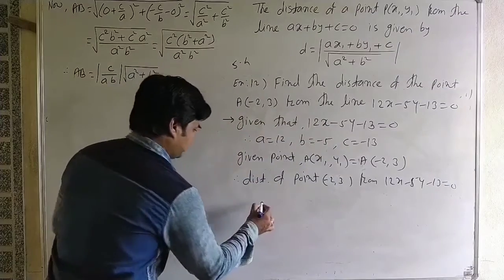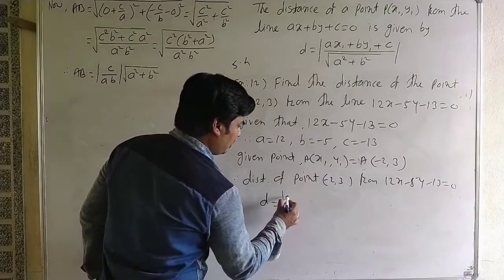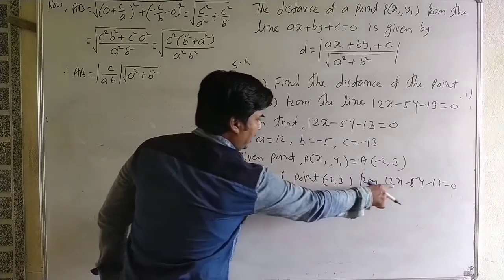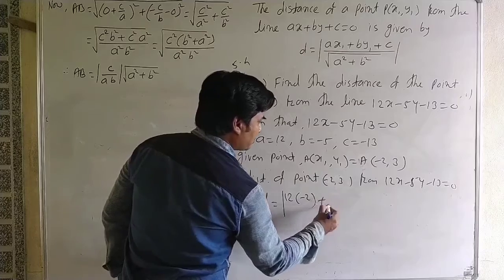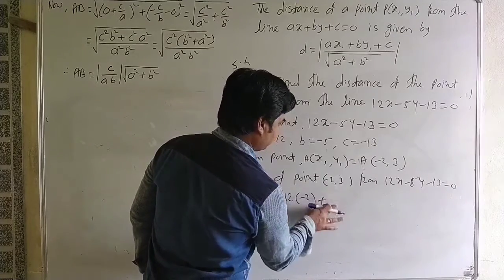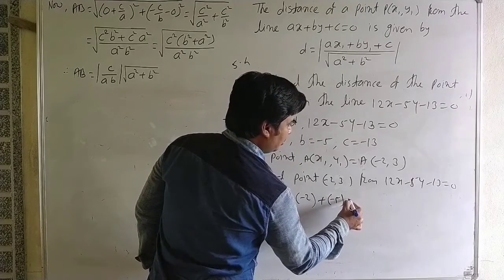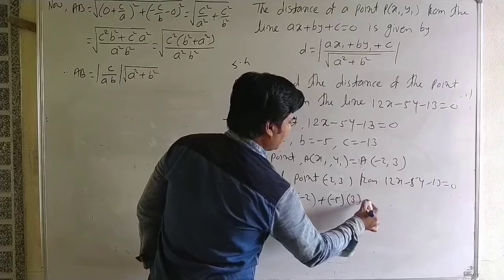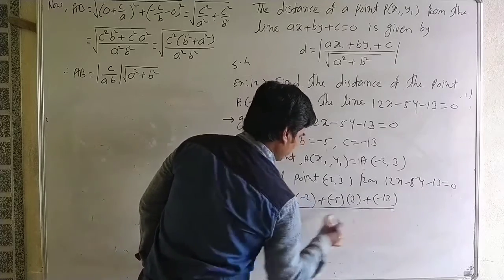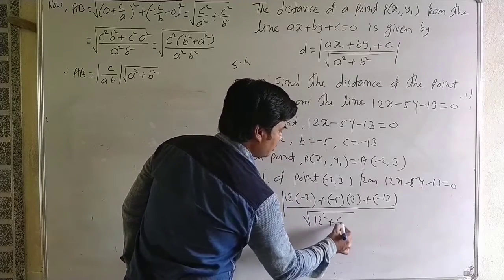Now it is a distance formula: a into x1 plus b into y1 plus c, upon under root a square plus b square.